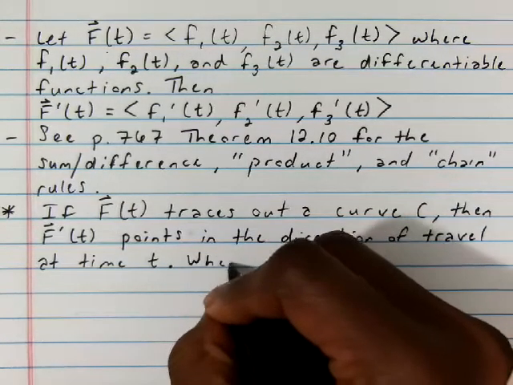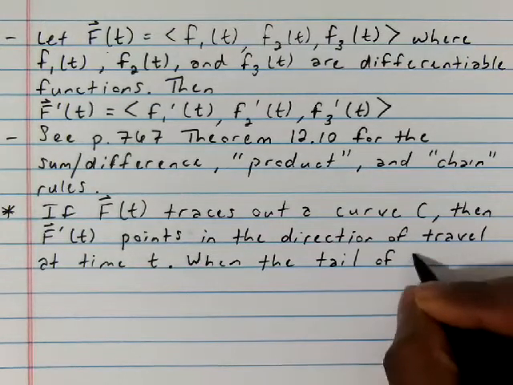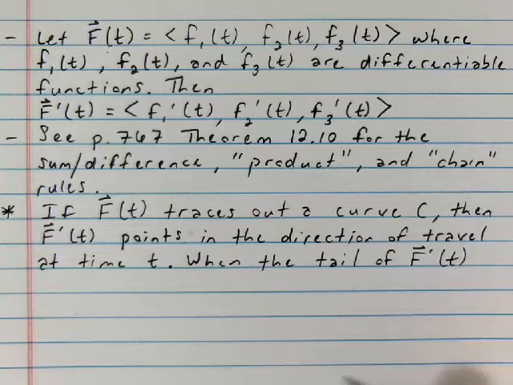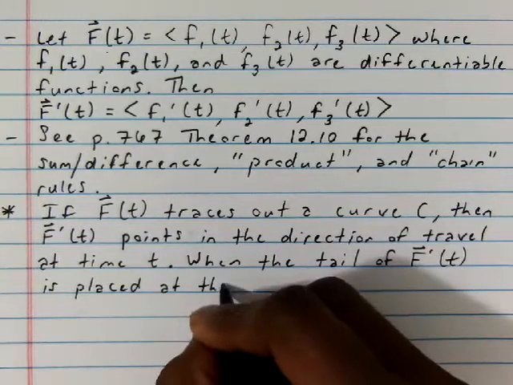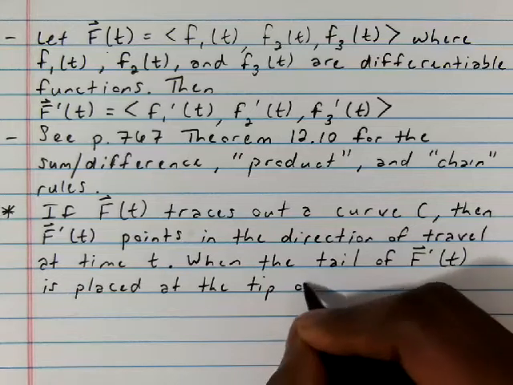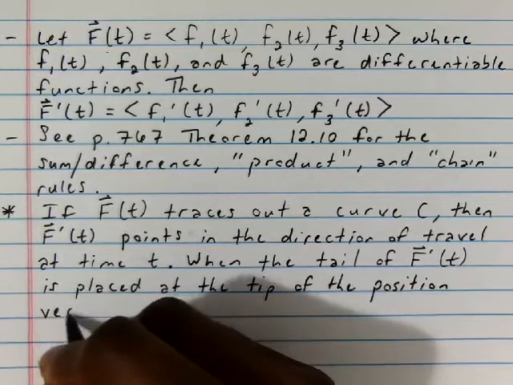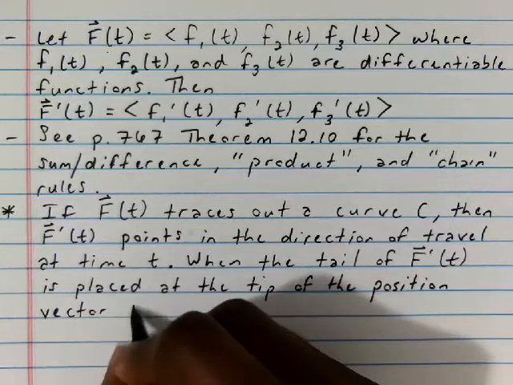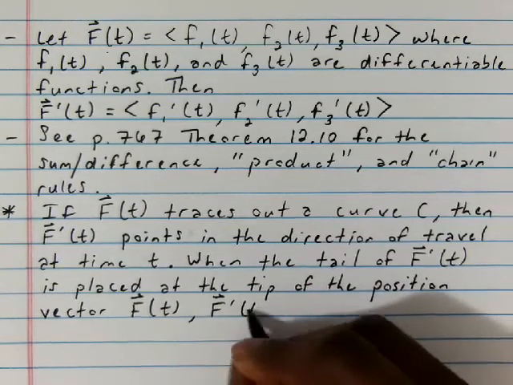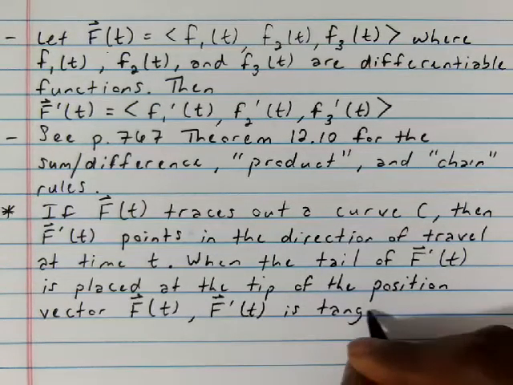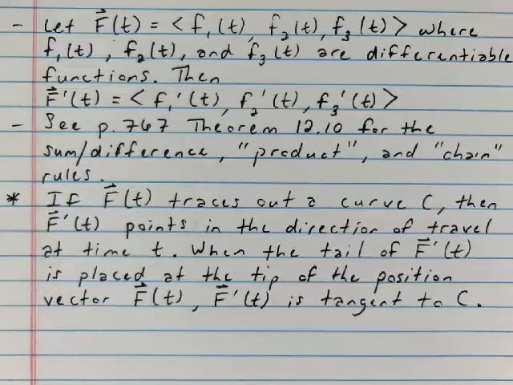So when the tail of f prime of t is placed at the tip of the position vector f of t, f prime of t is tangent to the curve C. And hopefully this picture will clarify this.